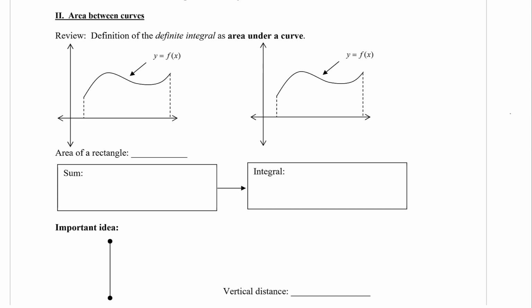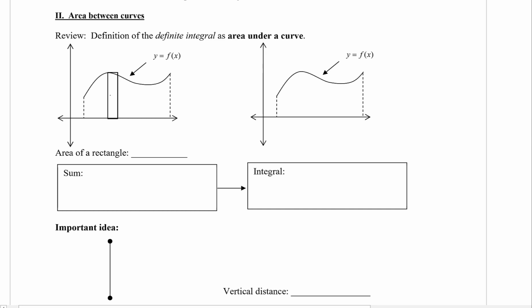We did that by taking the area that was under the curve and partitioning it into a series of rectangles, and then finding the sum of those areas of those rectangles would give us an approximation for the area under a curve.